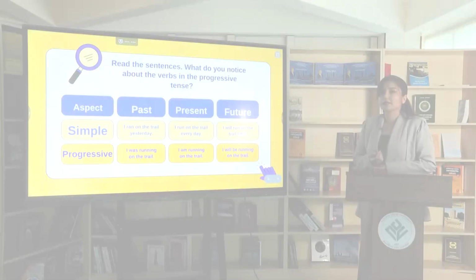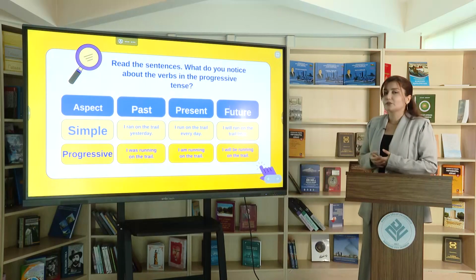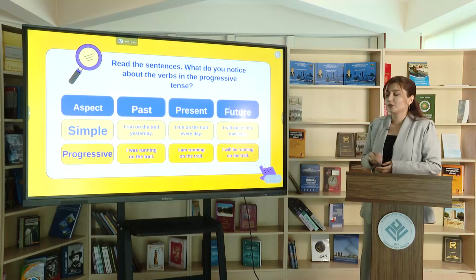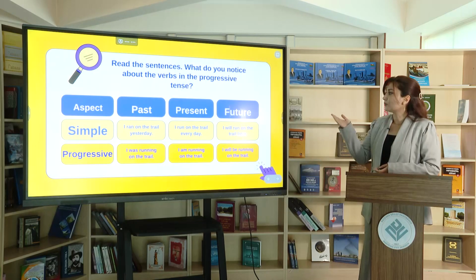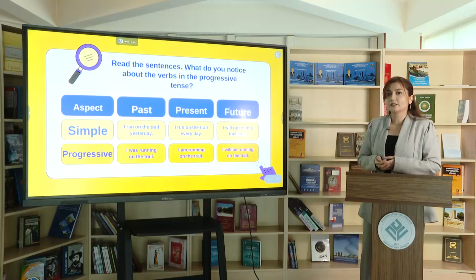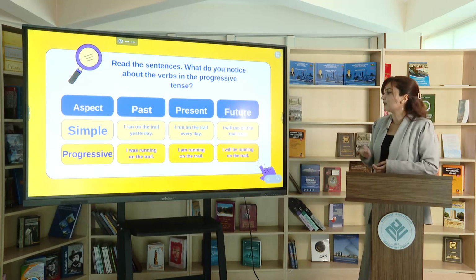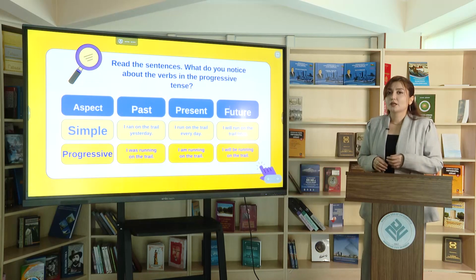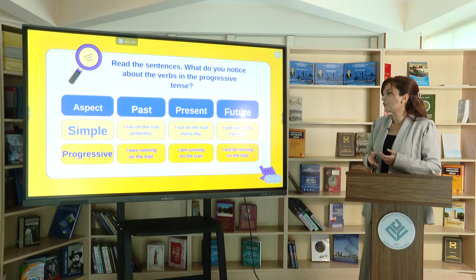And let's compare simple and progressive tense forms in past, present, or future tense. For instance, I ran on the trail yesterday, and you know that yesterday is an indicator of past tense, simple past tense, and I was running on the trail. It means that at that time yesterday, or at that moment, you were running.